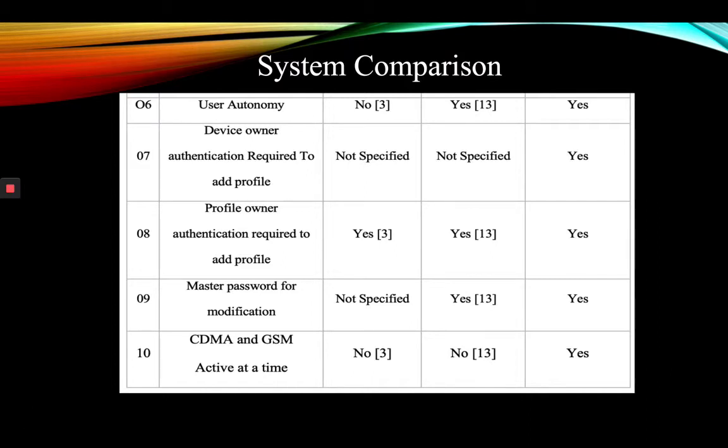Both consider profile owner authentication. A master password for modification is not specified in eSIM, but vSIM and our proposed model consider this. CDMA and GSM active at a time is not mentioned yet in eSIM technology, and also not in vSIM, but we did it.